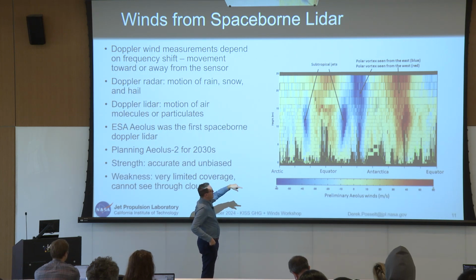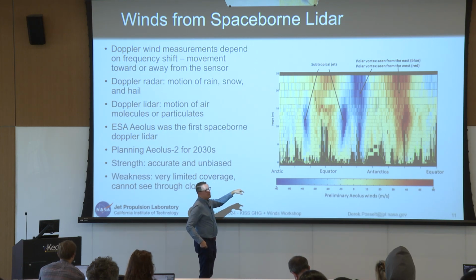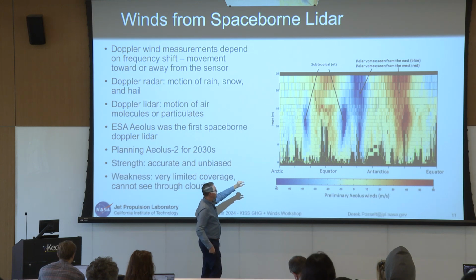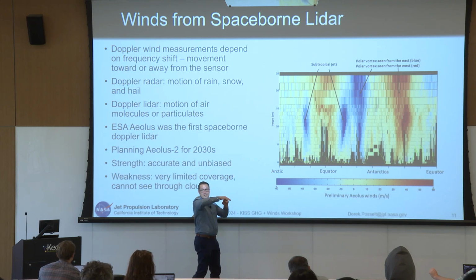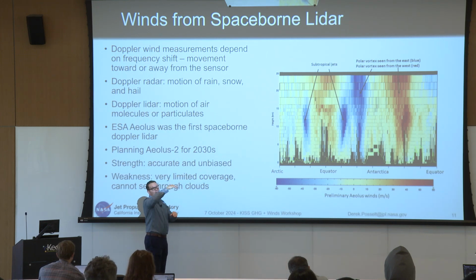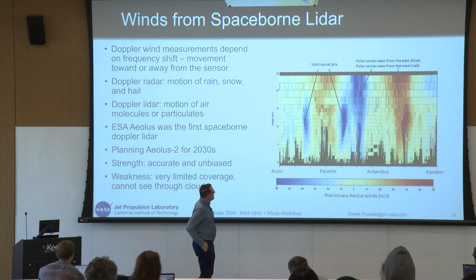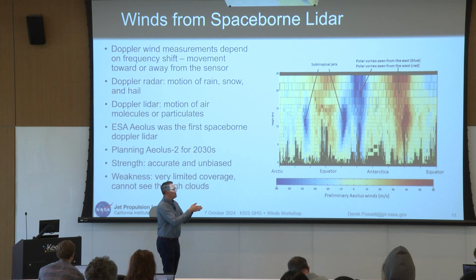Now, the amount of return that you get is proportional to the density of the atmosphere, which is also why you see that the bins increase in thickness as you go up, because you have to average more at those upper layers to be able to get the same kind of signal. But really robust measurement, fairly low uncertainty compared to other techniques, but extremely limited in terms of time and space.